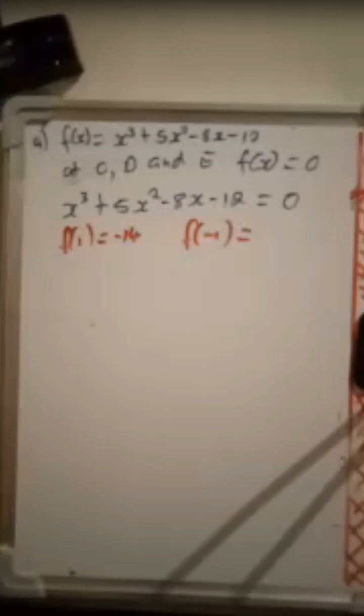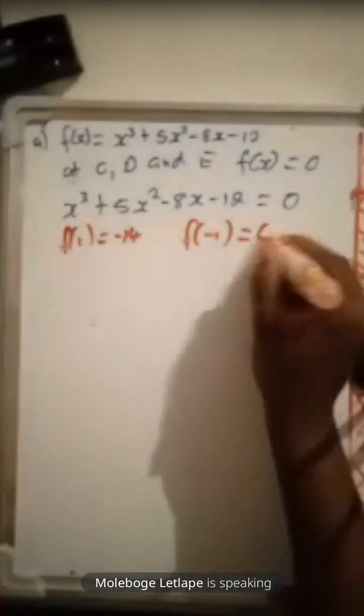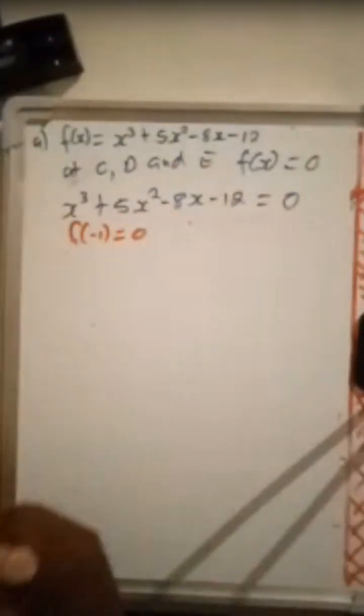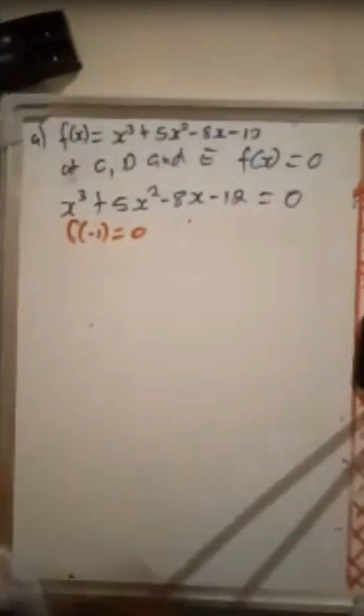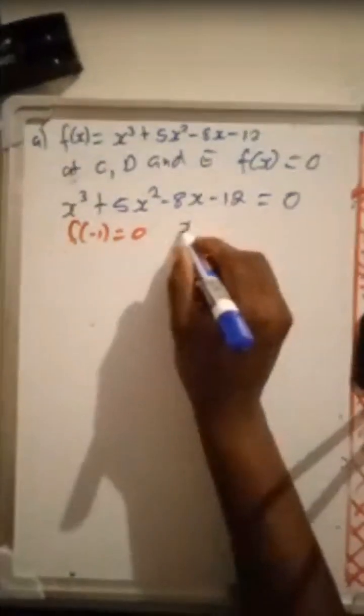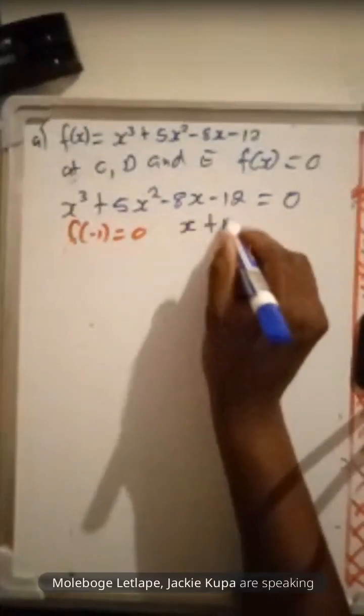I get 0. Yes, I get 0. So this one passes, this one doesn't pass. So we can safely write f of negative 1 is equal to 0. So what is the factor there? The factor is x plus 1. x plus 1 is a factor.